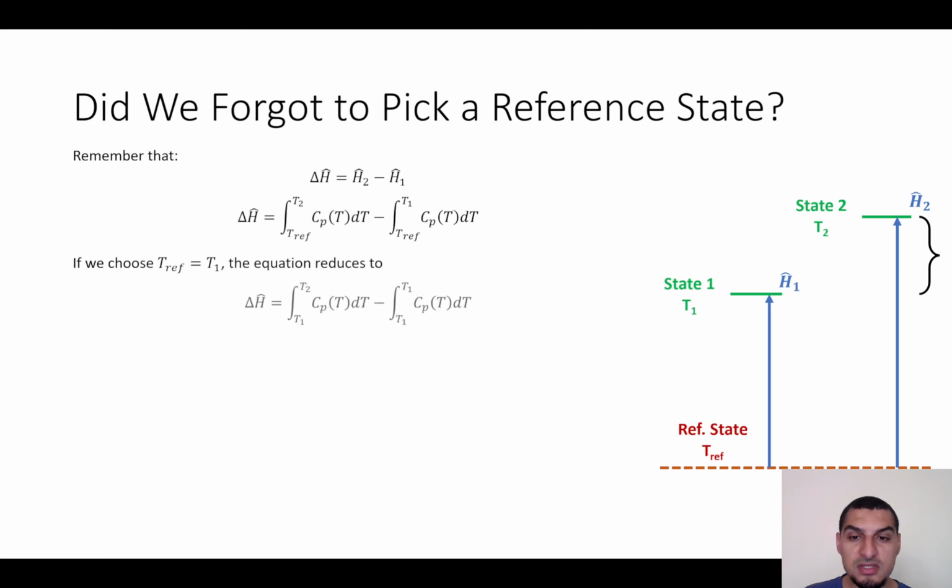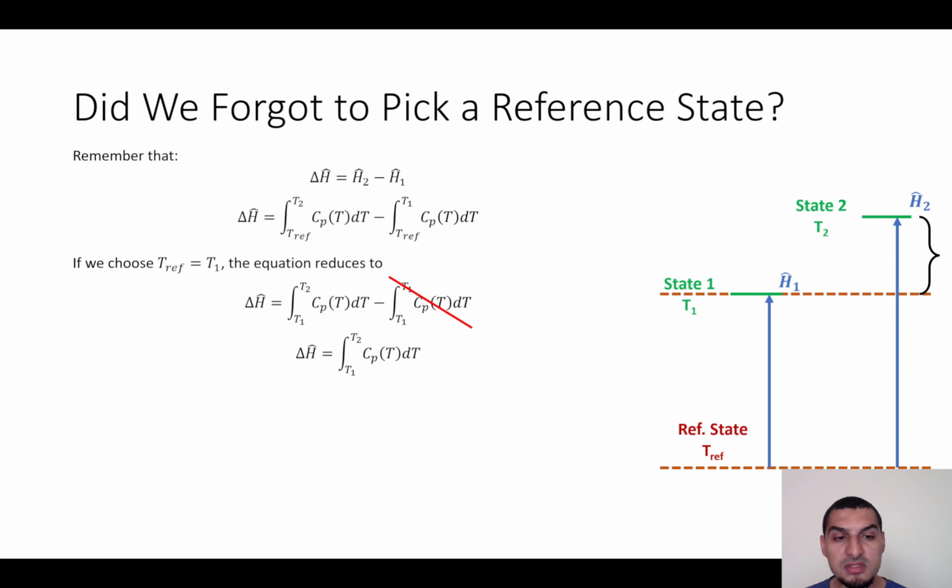If you take T1 as the reference state and substitute T1 for each of these T references, this is going to be 0. So this is my reference state. The enthalpy at state 1 is 0. So this is what we can see from this integration. The integration from T1 to T1 is 0, and then the equation will end up being the integral of Cp dT from T1 to T2, which we already did.